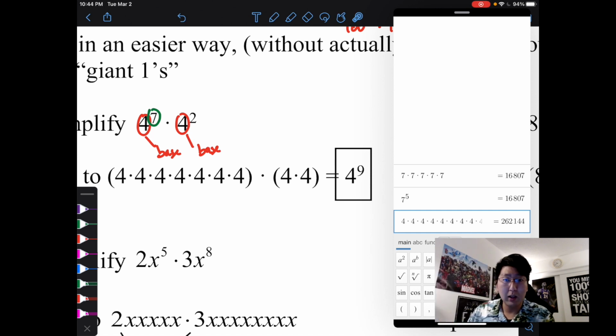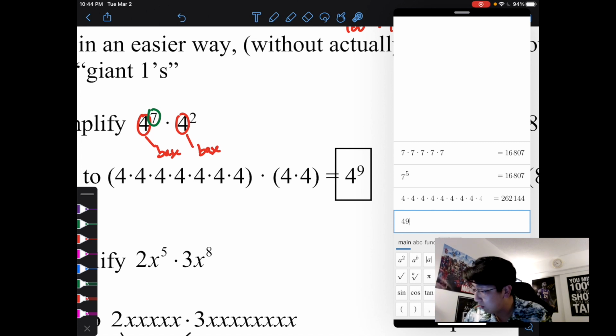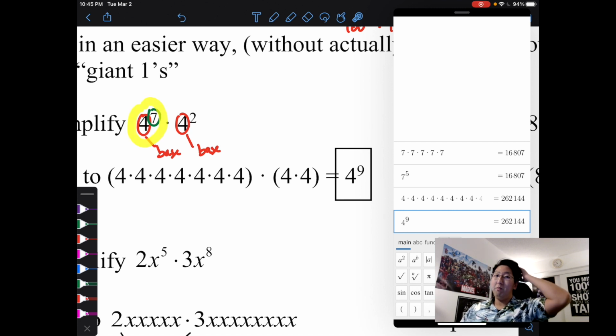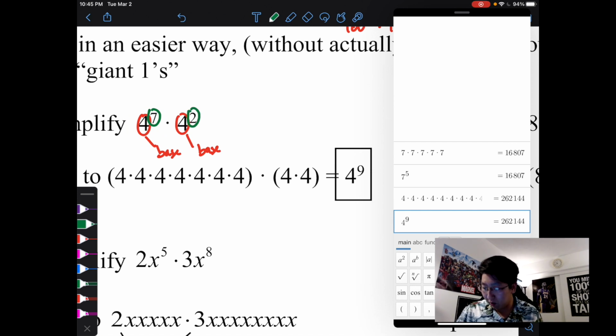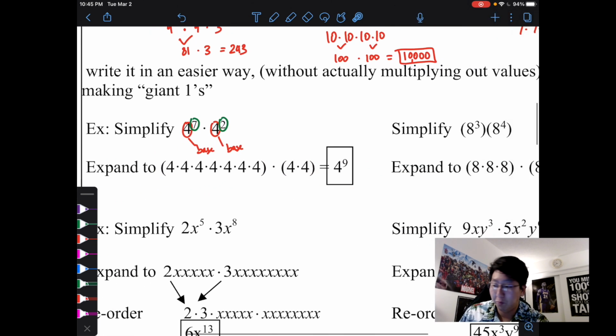That is 4 times 4, 9 different times. And so I'm going to show you that 4 to the 9th power, not 49, should give me the same answer. So even though right here it says 4 to the 7th and 4 to the 2nd here, if I write this out, you'll notice that it's 4 times 4 times 4 times 4, 7 times, but then there's 2 more times, so it gets me a total of 4 to the 9th power.